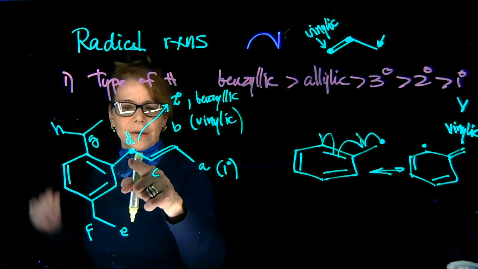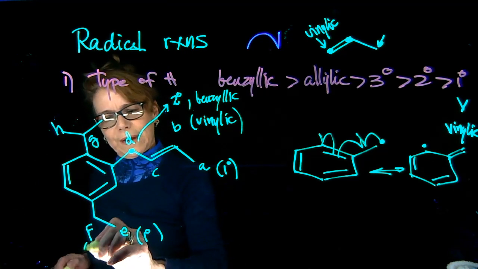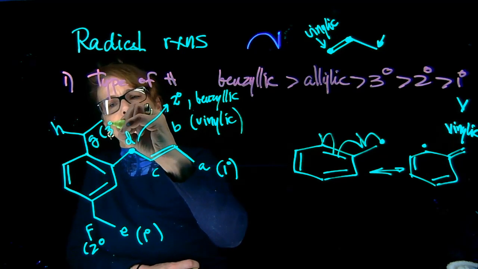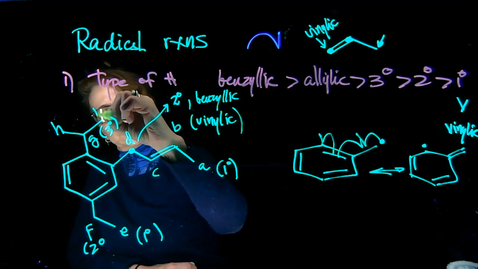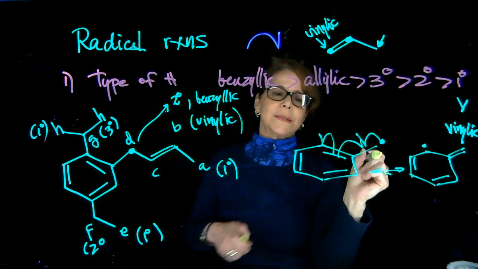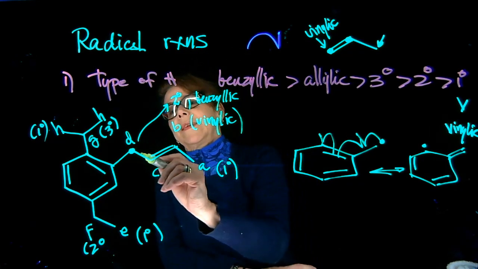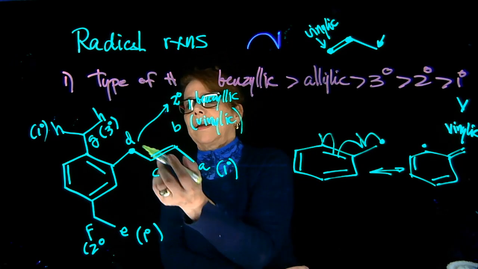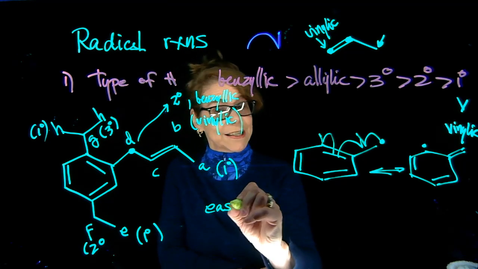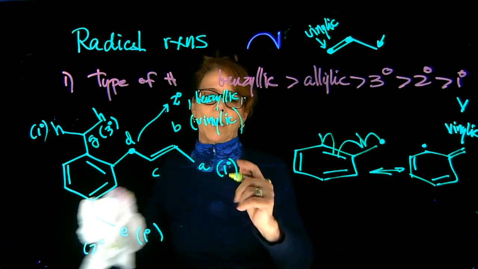So D is secondary and benzylic, E is primary, F is secondary, G is tertiary, and H, the two positions are equivalent, these are primary. According to what we said, the easiest one to break and then form the radical will be D. So let's call this the weaker bond.